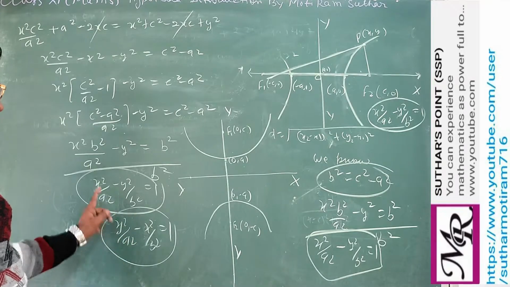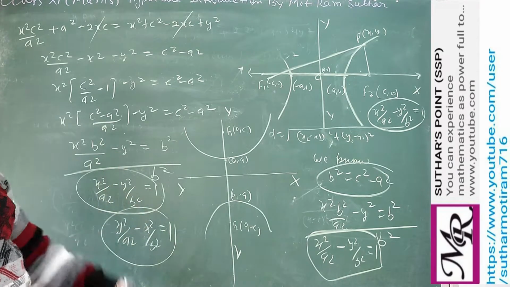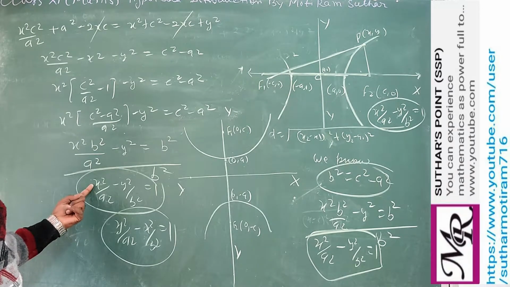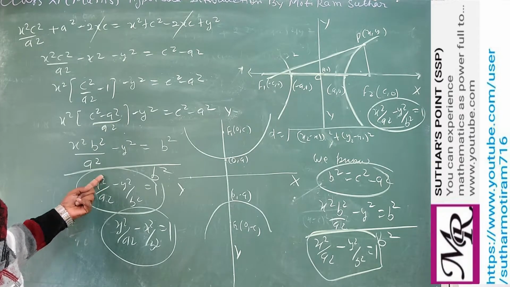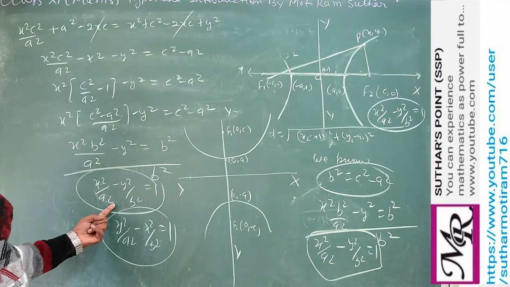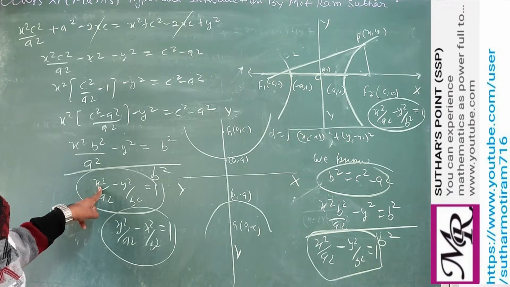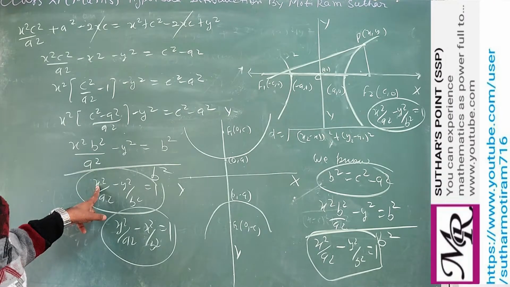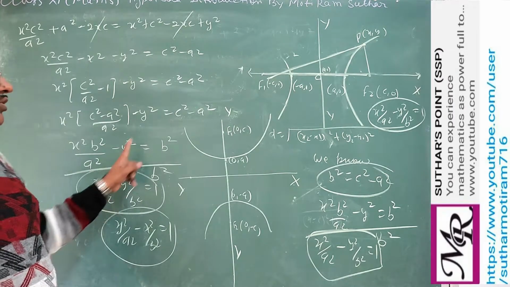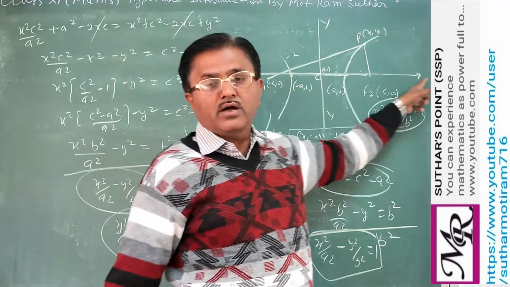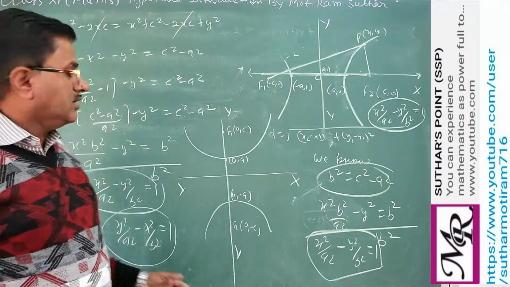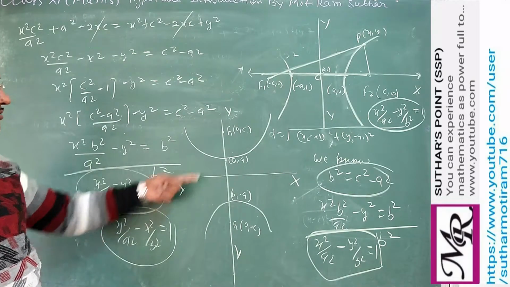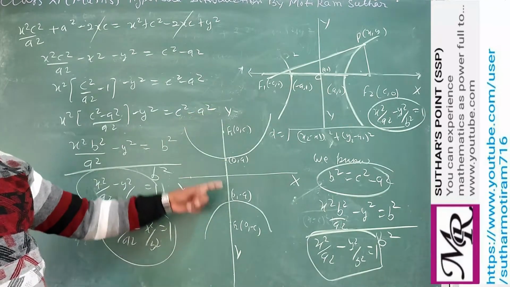Clear? So what is the difference between these two equations? That is very important. You can see that here the positive term, x square upon a square, is positive. So the axis will be on the axis whose term is positive. Here x square is positive, so its transverse axis is along the x-axis. And here the positive term is y square by a square, so the axis will be along the y, meaning the transverse axis.